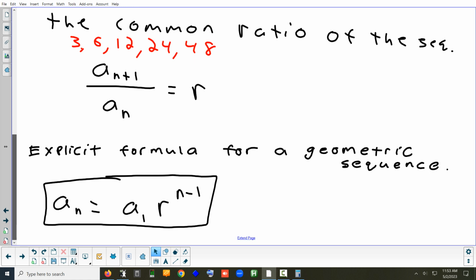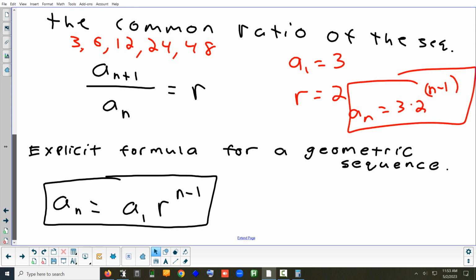So let's try it on the sequence I just did in red. What was my first term? 3. And what was my common ratio? 2. So what could have been a little tricky to figure out, like with exponents, becomes pretty trivial. The formula is 3 times 2 to the n minus 1.